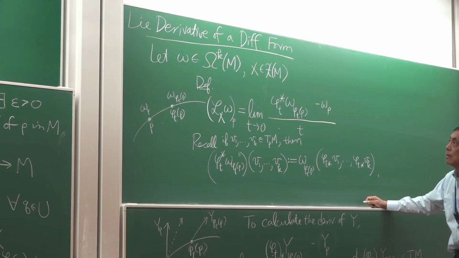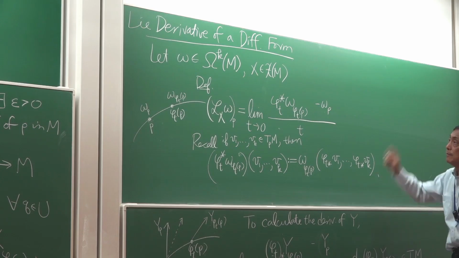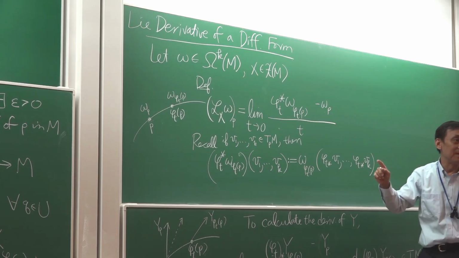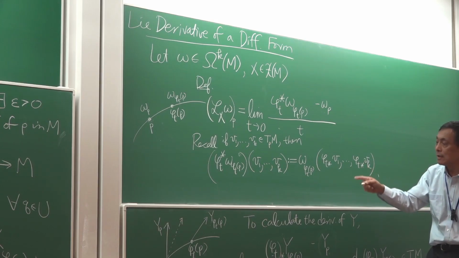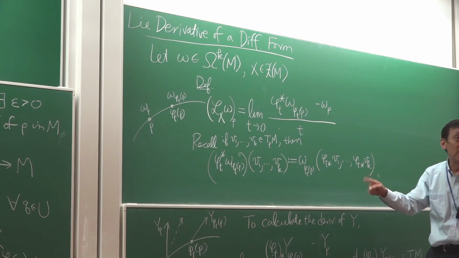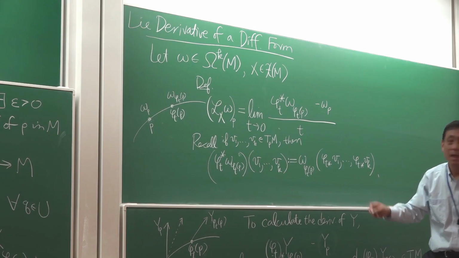Now, a zero form is a function. So what is the pullback of a function?